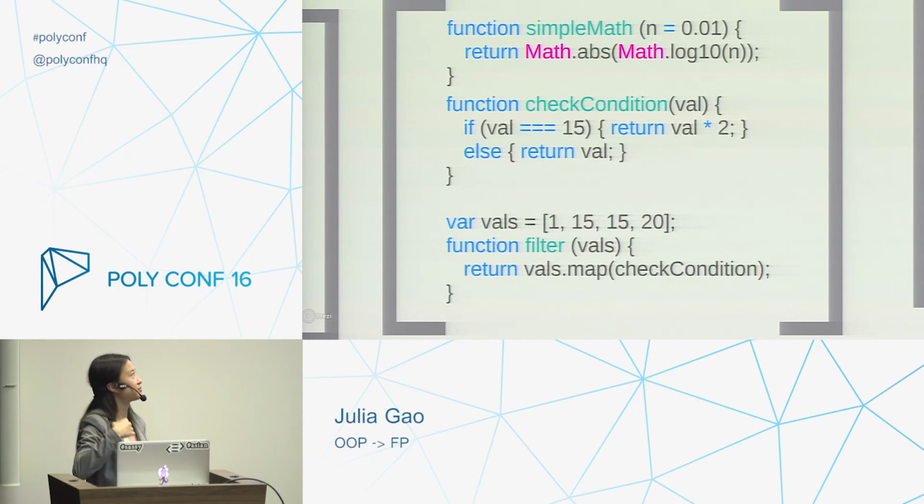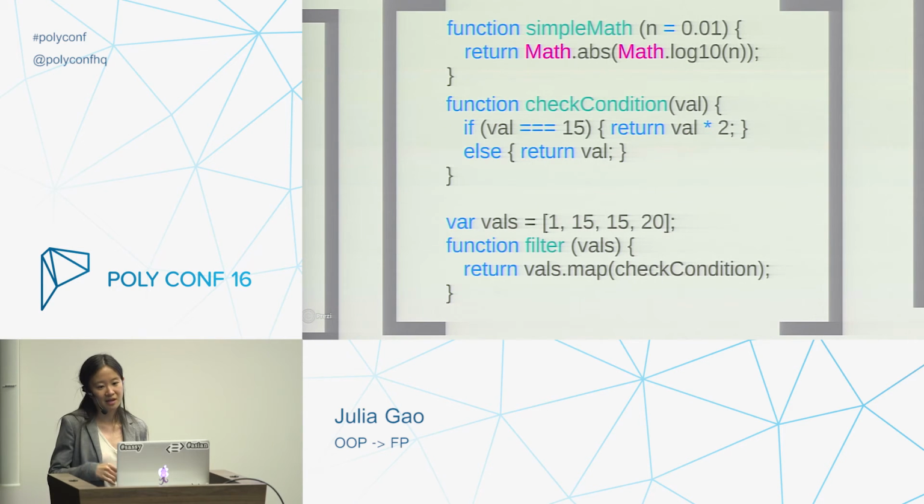So for the simple math, I just want to emphasize this pure function concept. We may not notice that we're actually already using pure functions. In this case, we're using JavaScript, and JavaScript has a lot of built-in functions, and tons of them are actually pure functions, like in Math.